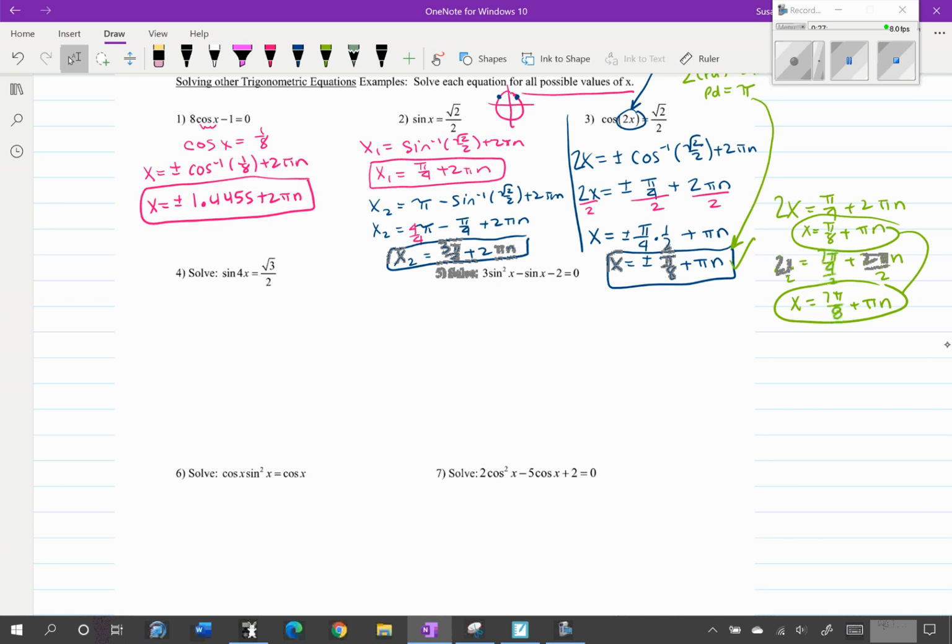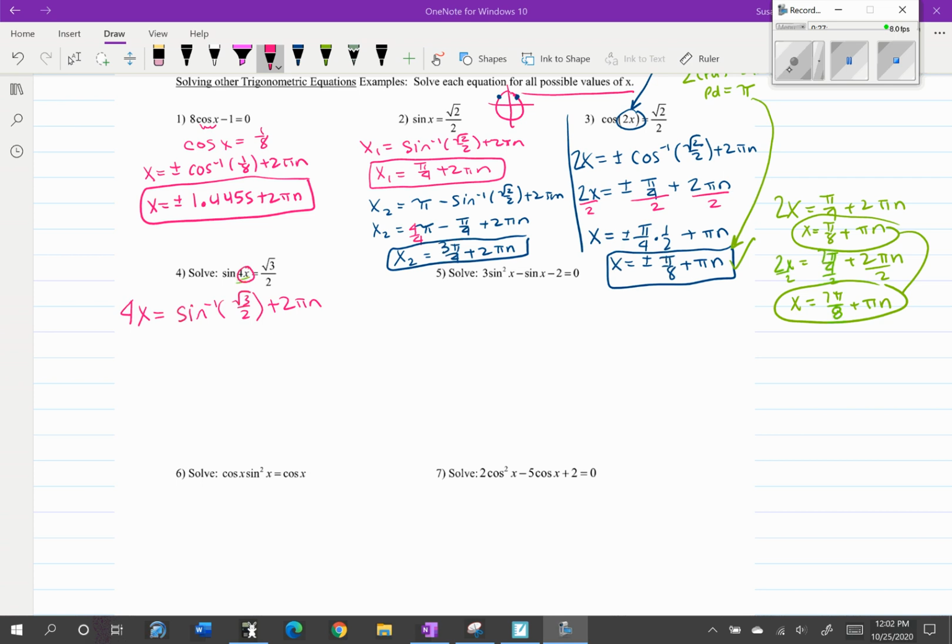So for the next one, we'll do the same thing. Now we have the sine of 4 times the angle equals root 3 over 2. If I want to solve this one, remember, our first answer would be the sine inverse. To get this out of the sine, I have to take the sine inverse. So 4x equals the sine inverse of root 3 over 2 plus 2 pi n.